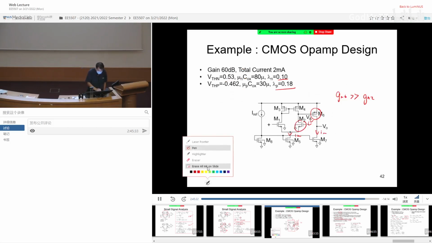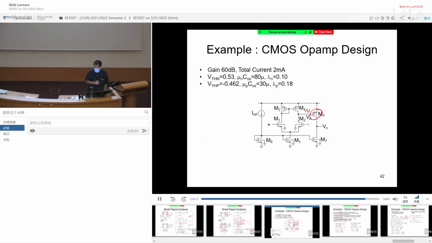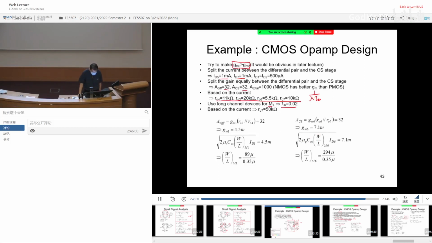Because we are not driving it. Unlike this guy, you have signal driving the gate, so you want the parasitics to be as small as possible. But look at this guy. This is a fixed DC voltage. So you can use a large transistor, it doesn't matter. You only see this guy, drain here. But the drain doesn't see the gate, right? So actually using a large one doesn't matter. Same thing for M5. So you use longer channel to make the resistance larger.